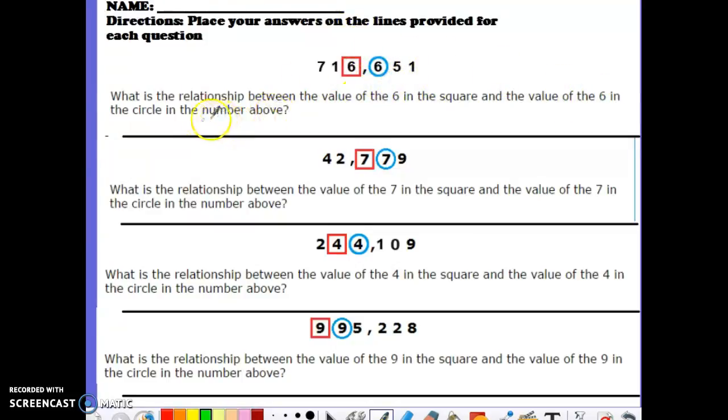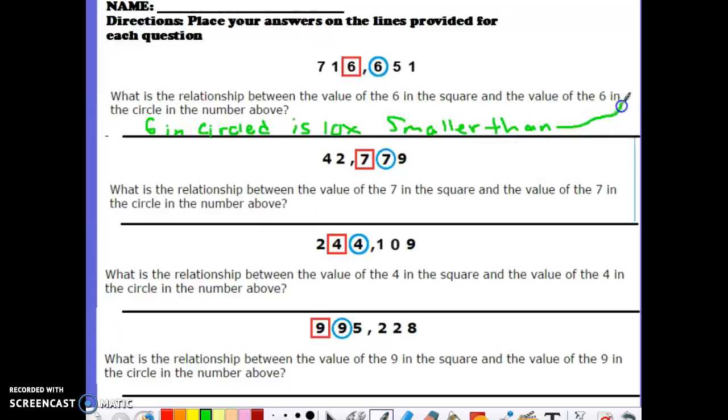You would have to say that the 6 in the circle is 10 times smaller than the 6 in the thousands place value, or in the red square.